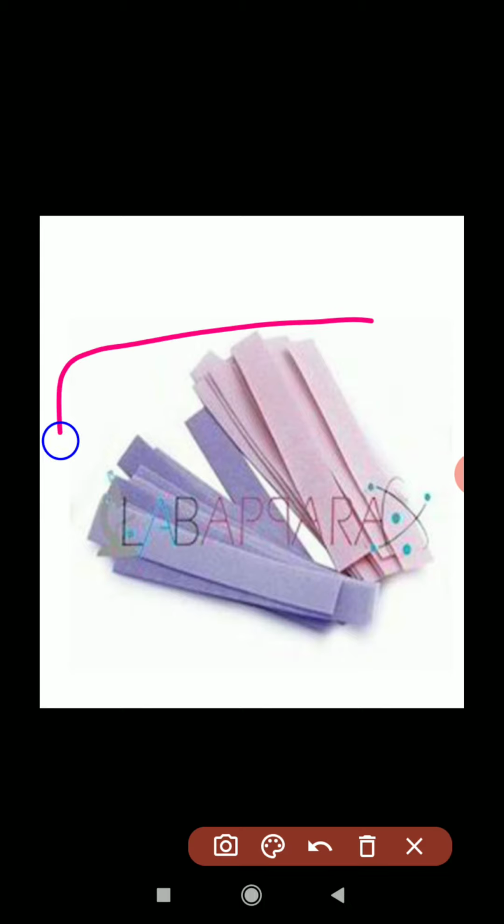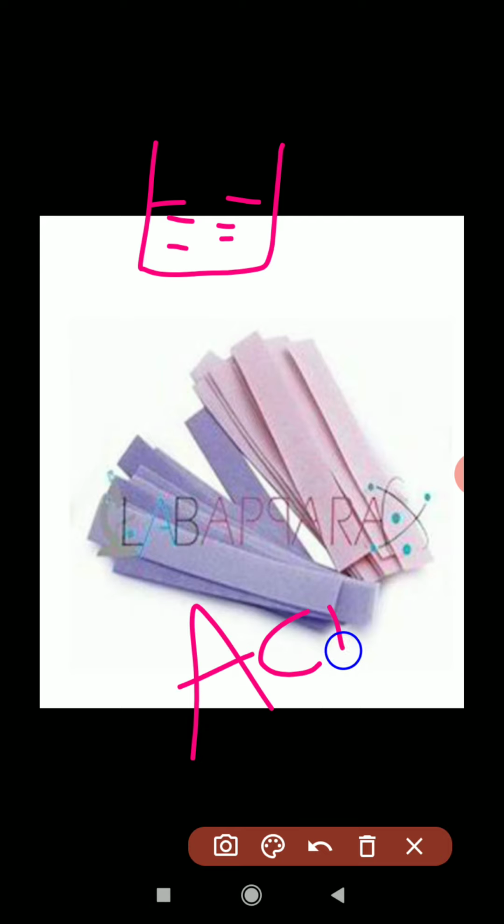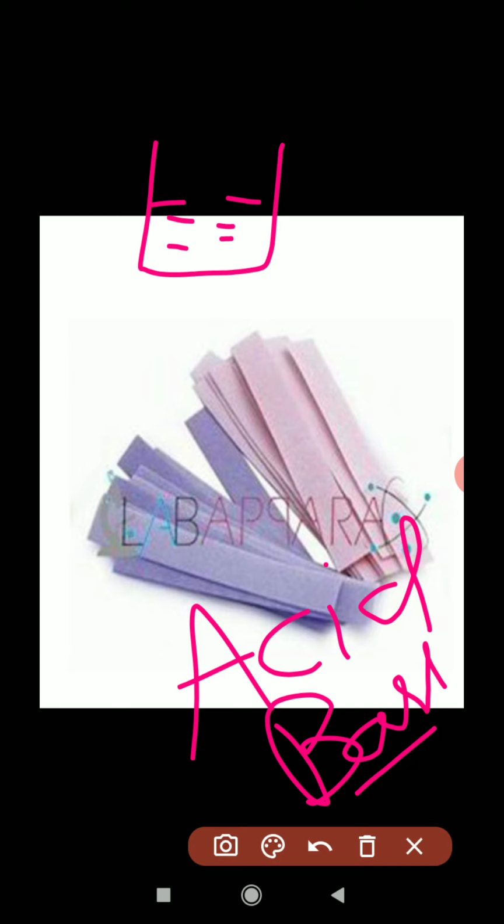This is the litmus paper you are seeing on the screen. It is an ordinary strip of paper in a rectangular shape. What is the role of this paper? This paper detects whether a given solution is acidic or basic. Suppose I have a solution in a beaker and I don't know whether it is acid or base.